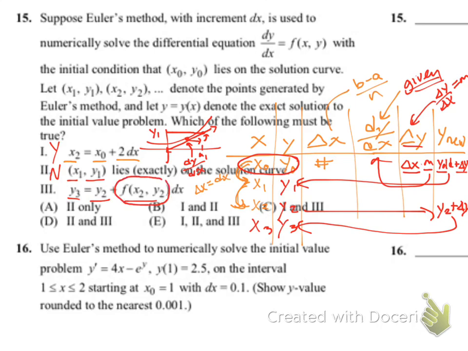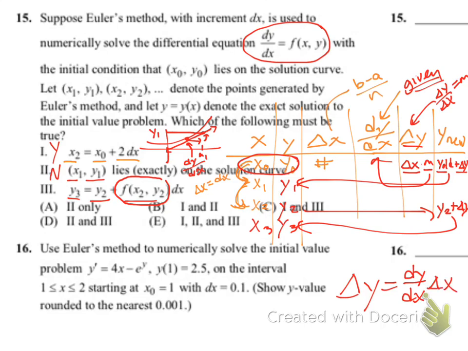F of x, y2, do you remember that's, if you look up top, that's your differential equation. F of x, y is our differential equation. So they're saying, is it equal to dy dx times dx? And if you remember, that's how we got delta y. Delta y is equal to dy dx times delta x, or dx if you want to call it that.